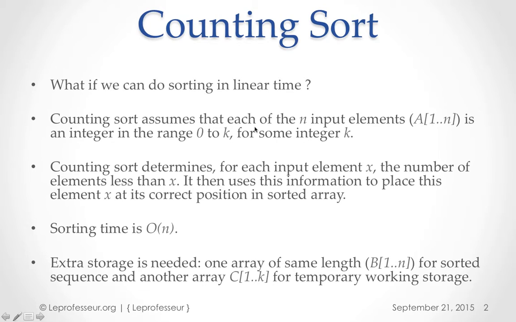integer. So let's say you have an input sequence of 30 numbers, and the maximum value is say 15. So all the numbers in your sequence fall between 0 to 15. Okay.